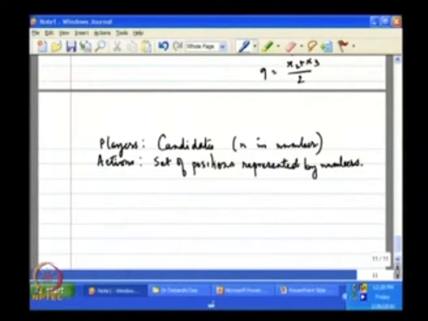So, my action is a set of positions, and these positions are represented by numbers.